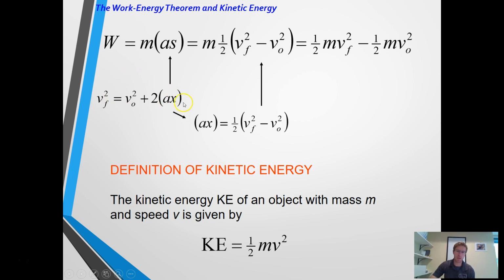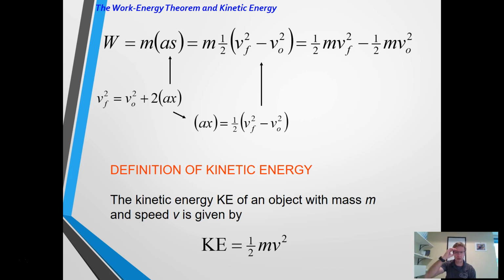So you can do a substitution here, divide by 2 to get rid of this 2 and move the v initial squared to the opposite side. What you find is acceleration multiplied by displacement can be defined as equal to 1/2 of final velocity squared minus initial velocity squared. So substituting that into my work equation, and again, this is a little derivation.